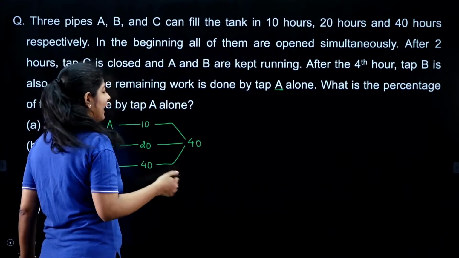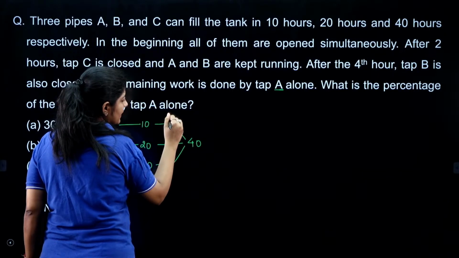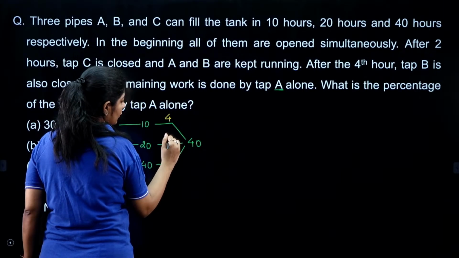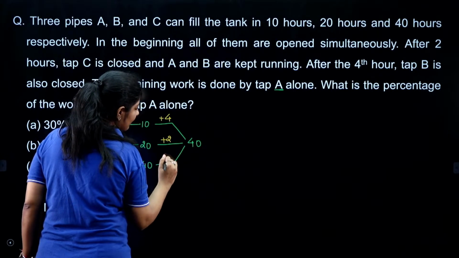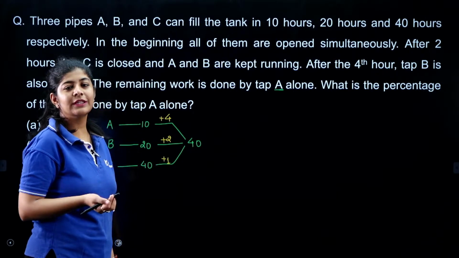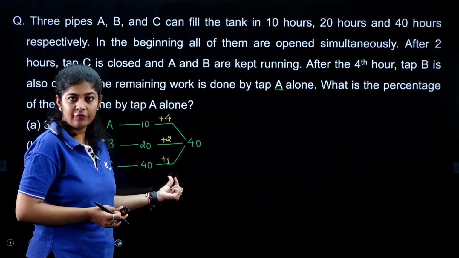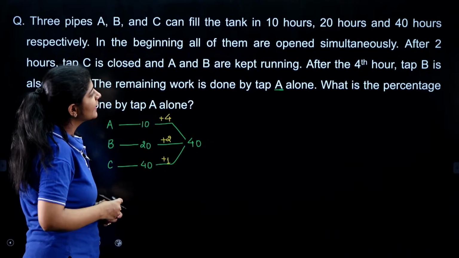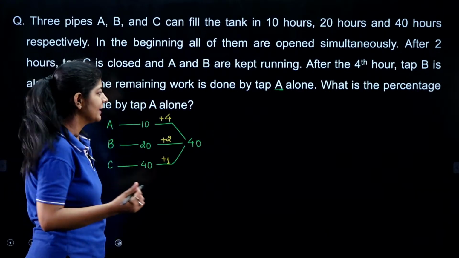Now afterwards, I will find out on which multiple this value is present: 4, 2 and 1. I am writing plus, plus and plus. Why plus? Because all these are filling pipes, and this is the capacity of each pipe. Now the question is saying that for the first 2 hours all 3 pipes are working simultaneously.